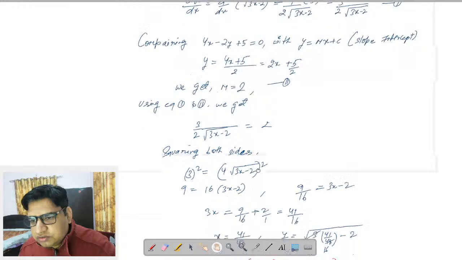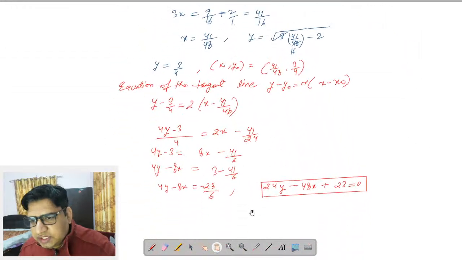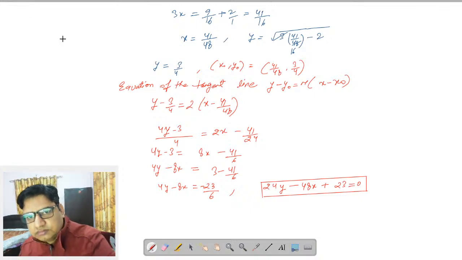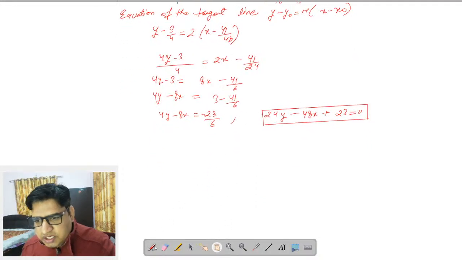Okay, so we have not again mentioned the concept that we have used here. So the concept is, guys, when two lines are parallel to each other, their slopes are equal. So we'll simply write out the note.